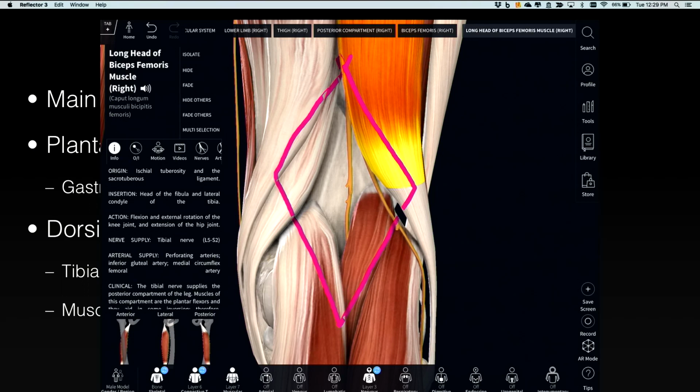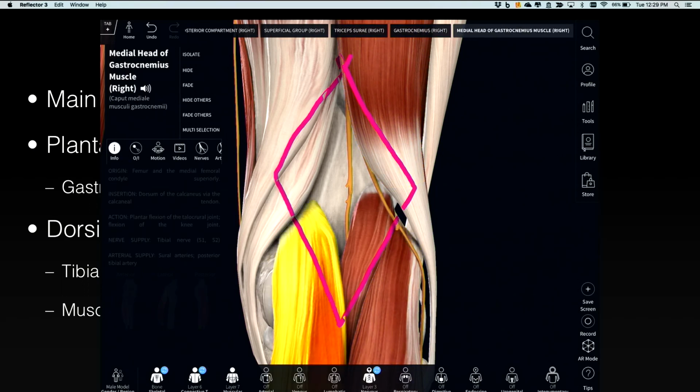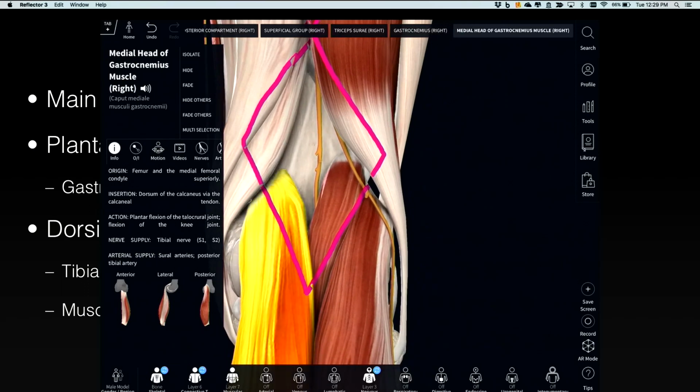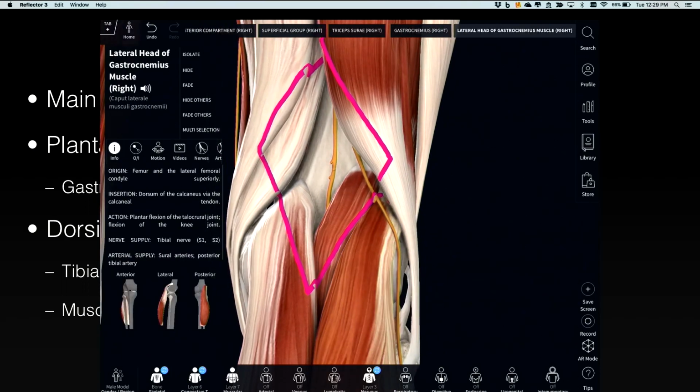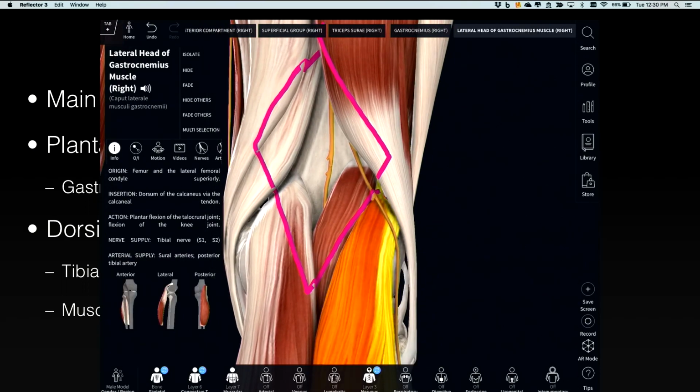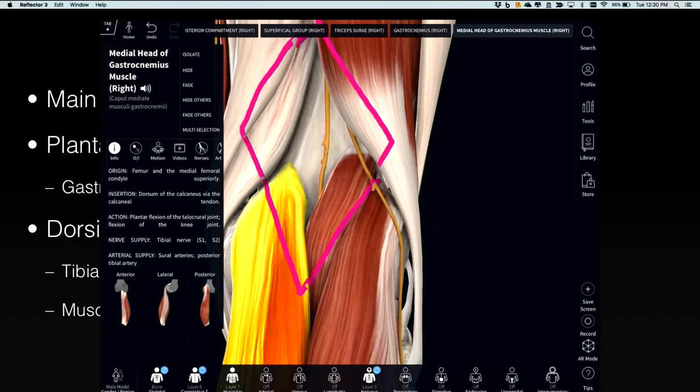And then inferiorly by the muscles of the gastrocnemius. Let's ignore this little guy for now, plantaris. We don't really care about it. The lateral and medial borders on the inferior aspect of the popliteal fossa are the heads of the gastrocnemius.